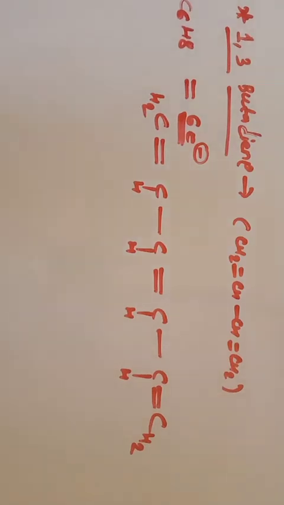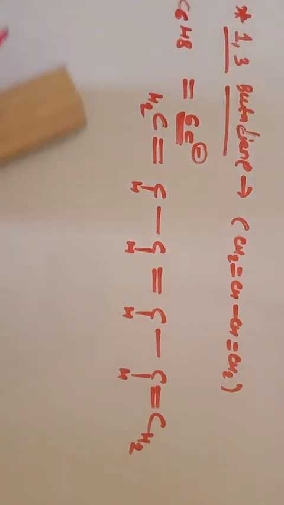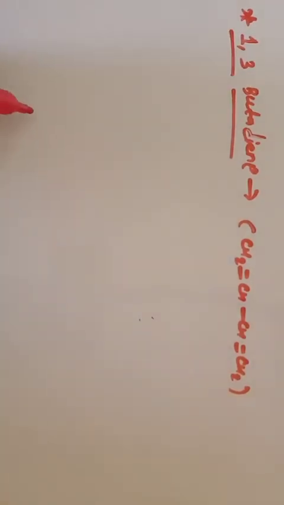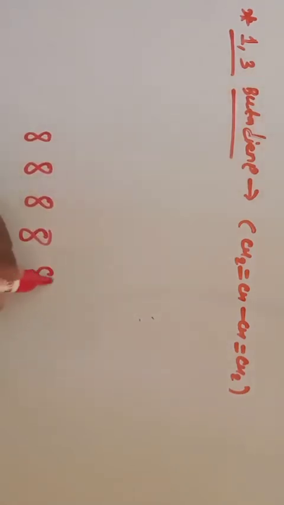So let's discuss the p orbital interactions for this C6H8, and let us find out the HOMO and LUMO for this C6H8. The first one is very simple, that is your bonding interaction. 1, 2, 3, 4, 5 and 6.